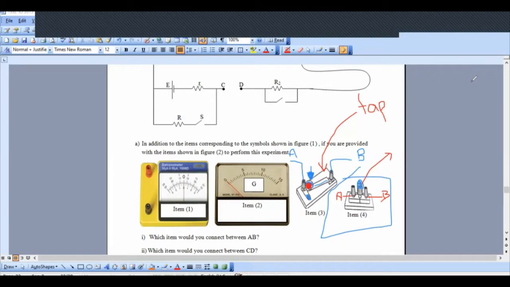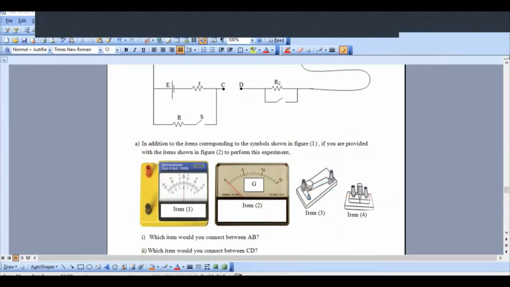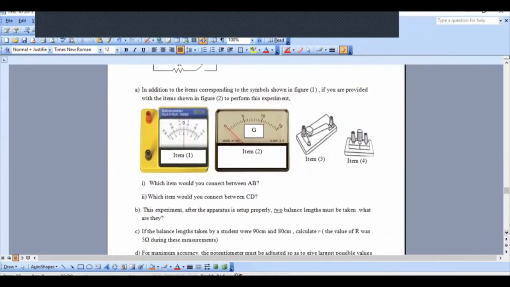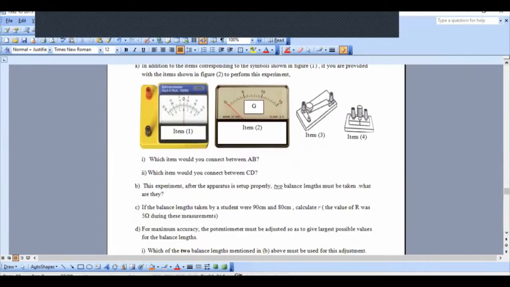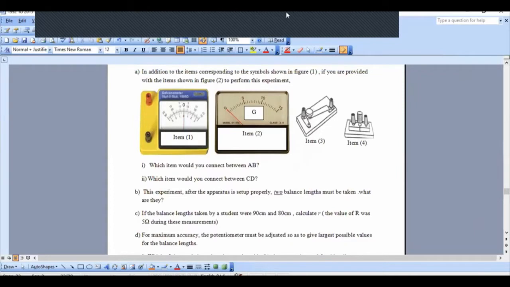Right, so what is the answer for Roman number 1 of simple A? Wait, I'll show you. The answer for simple A Roman number 1 should be item number 3.